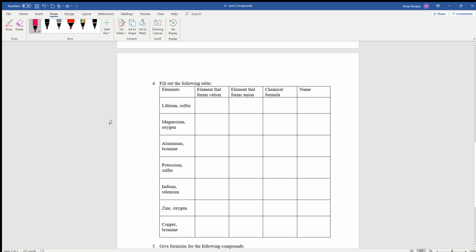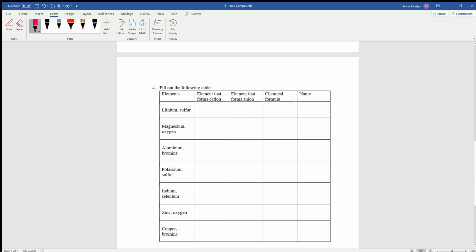So in reality, we can just go straight down each one of these columns and fill these in. So we know that lithium and sulfur, lithium is the metal, and while I didn't specify putting a charge in this column, it certainly wouldn't hurt to do that. So lithium +1. The next group, magnesium, forms a charge of +2.